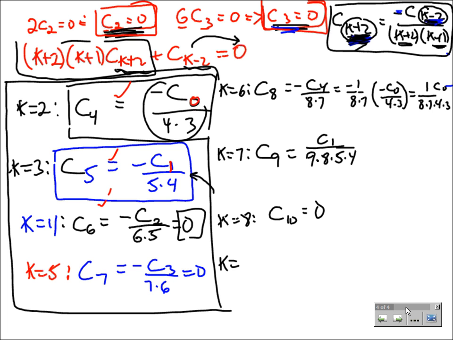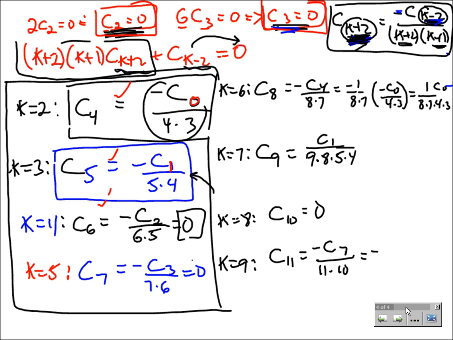And when K is 9, you get C sub 9 plus 2 is negative C sub 9 minus 2 over 9 plus 2 times 9 plus 1. So you get negative.